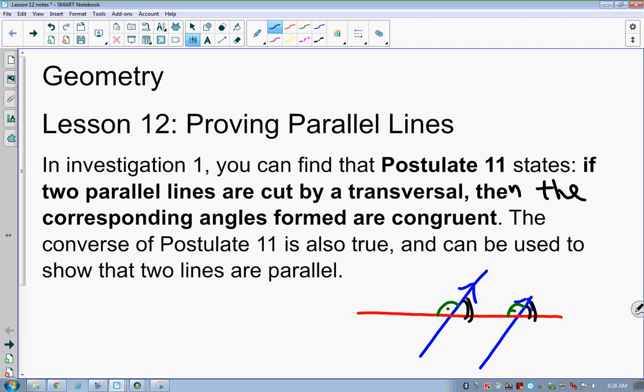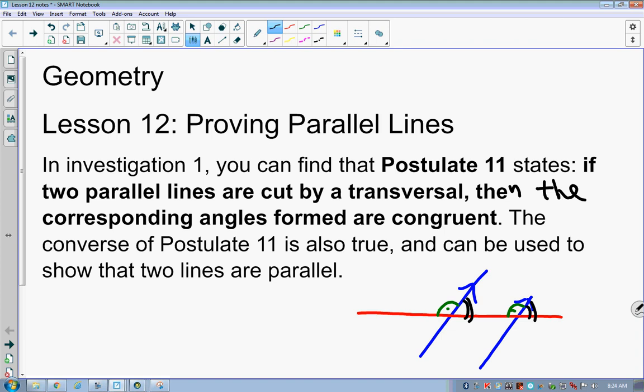So if I was going to write a converse statement, the converse here would be, if the corresponding angles formed are congruent, then the two lines cut by the transversal are parallel. So I can flip it the other way around and say, well, if my corresponding angles are the same degree measure, then I know that my two blue lines cut by this transversal are parallel to each other.